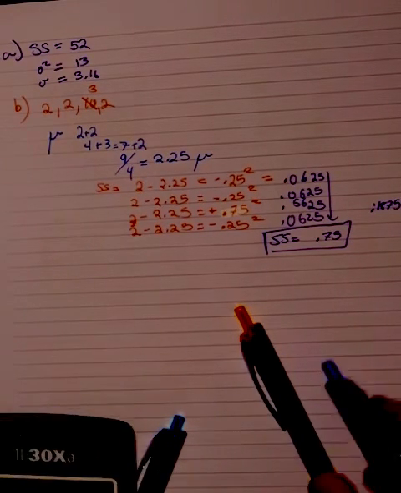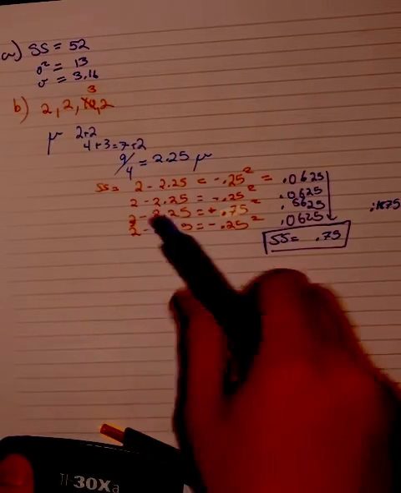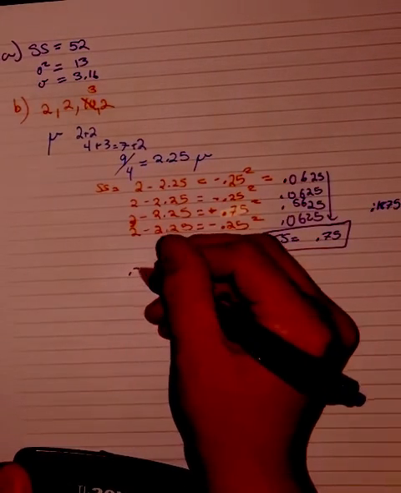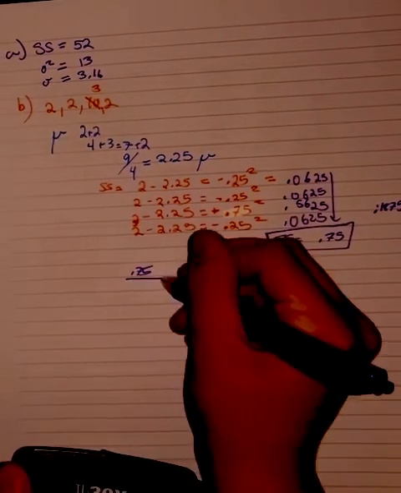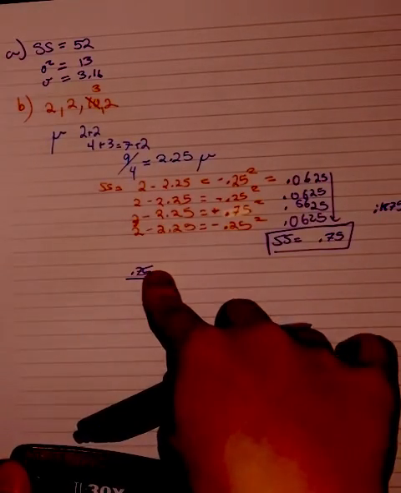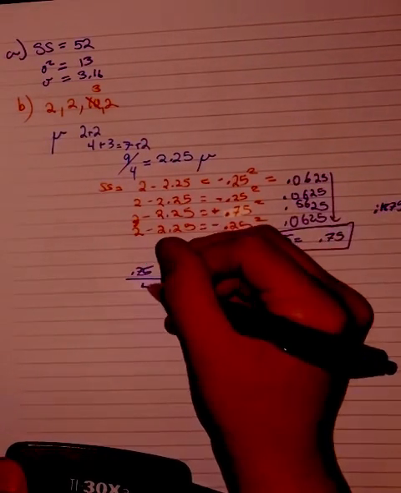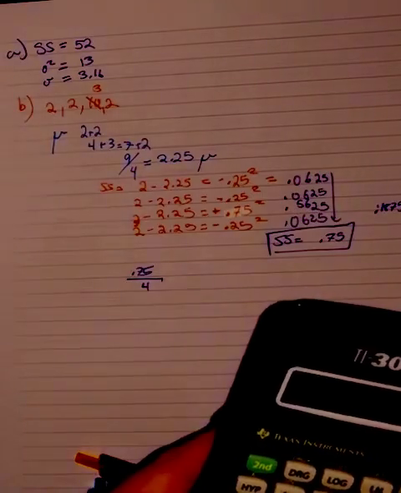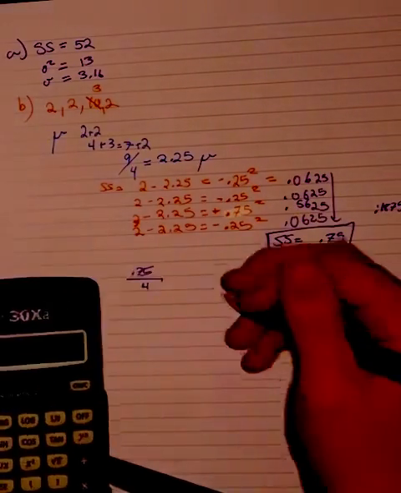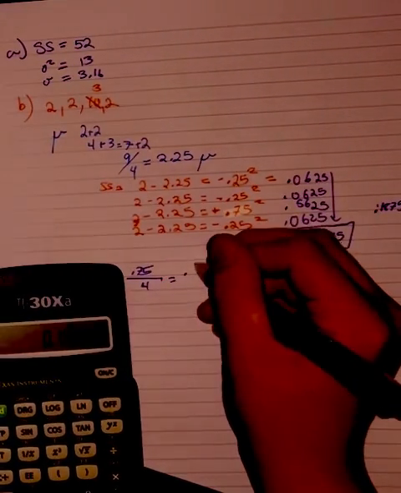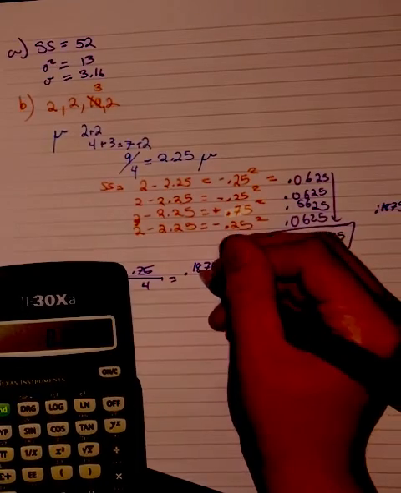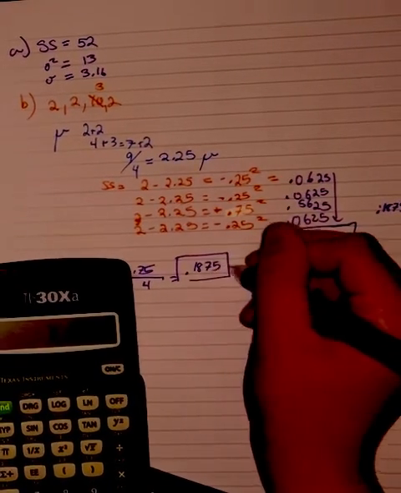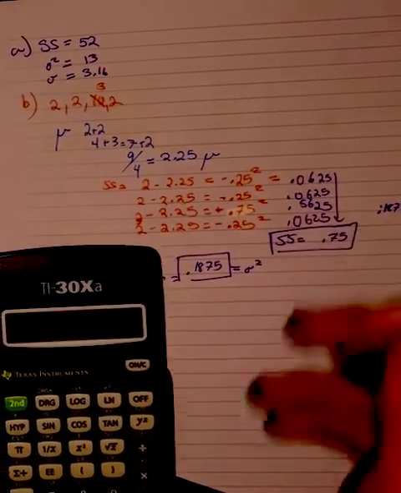Now to find our variance, we take that same score like we did before, and we just do 0.75 being our SS divided by our total number of scores being 4. So 0.75 divided by 4 is equal to 0.1875. It's equal to this.